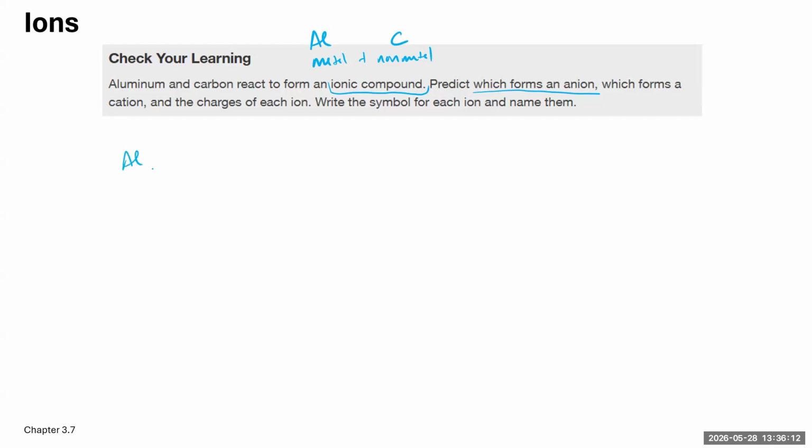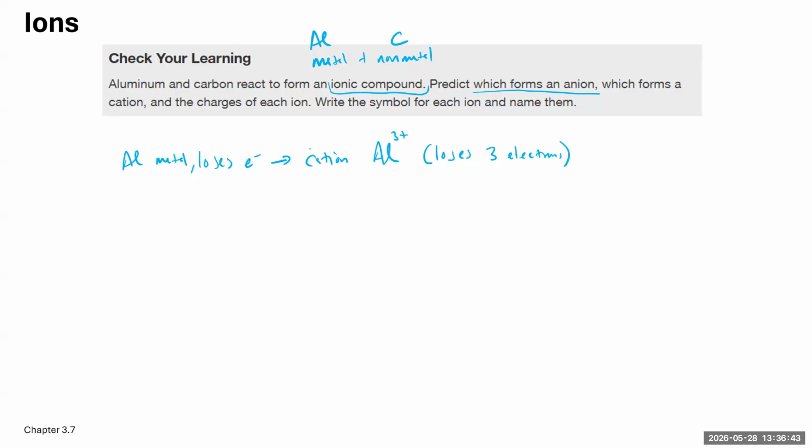So aluminum is the metal, loses electrons. So that's going to be the cation, right? Because of where aluminum is on the periodic table, we know it's going to be a 3 plus. Loses 3 electrons.